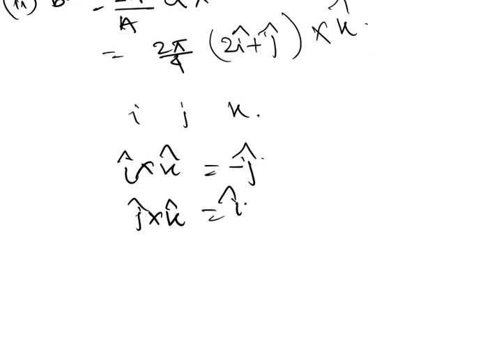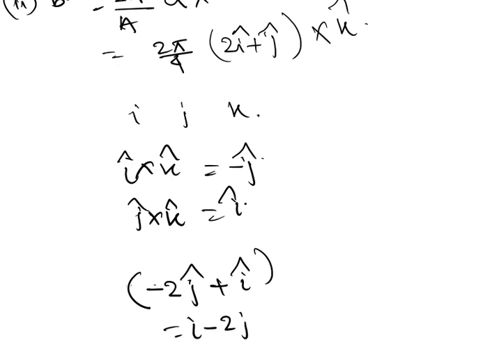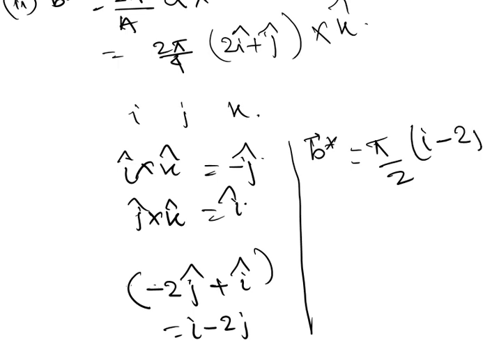So we can write minus 2j cap plus i cap, or i minus 2j. Thus b star is pi by 2 times (i minus 2j).